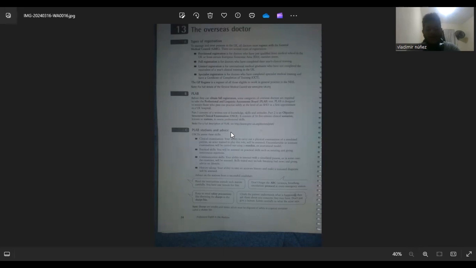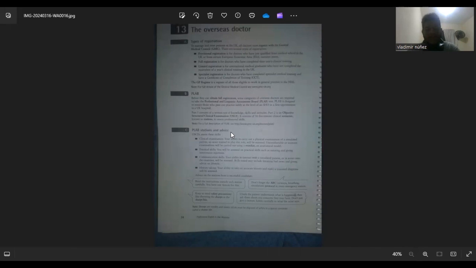Limited registration is for international medical graduates who have not completed the equivalent of the year of clinical training in the UK.